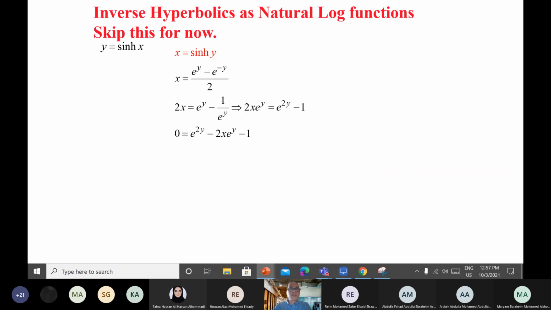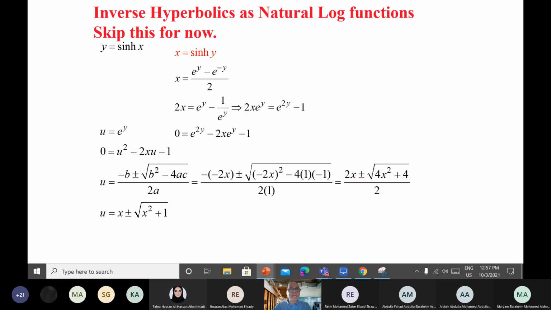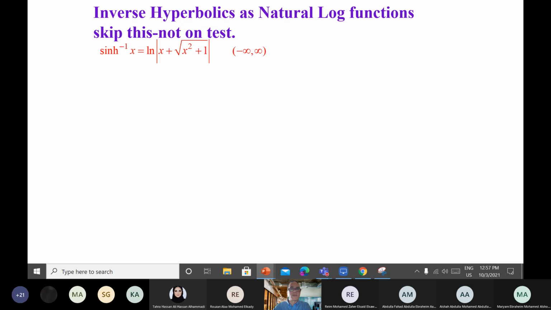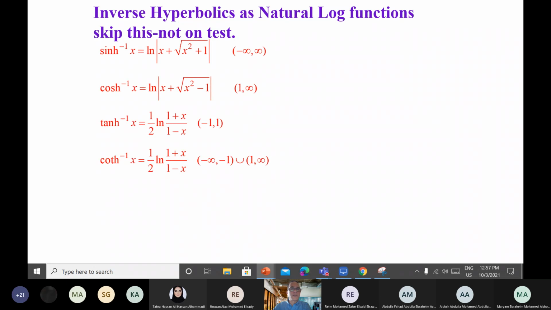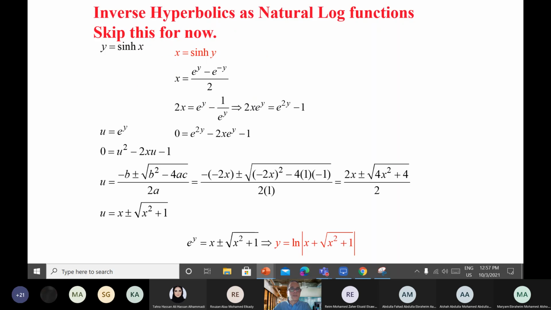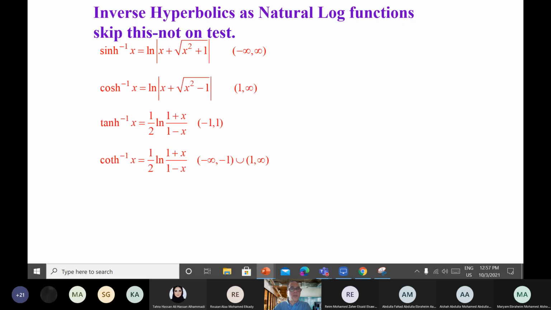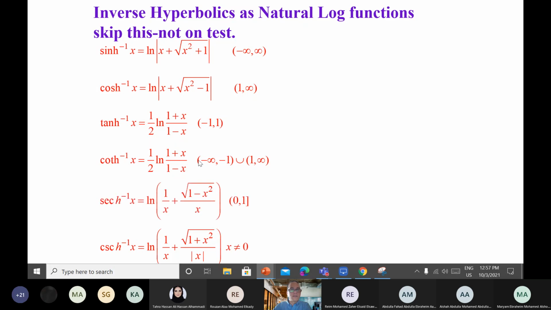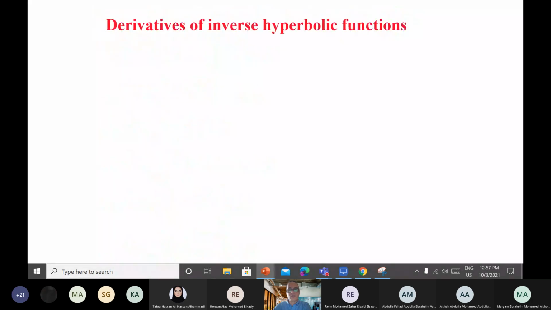As I explained to you how to get the inverse function, this is the algebraic expression for the inverse hyperbolic function. All of these you can get similarly, so you can write it down. Once you have cosh inverse, sinh inverse and tanh inverse, you can find the derivative because it is an implicit derivative, and you know the derivative of ln, so you can find the derivatives of all of these.